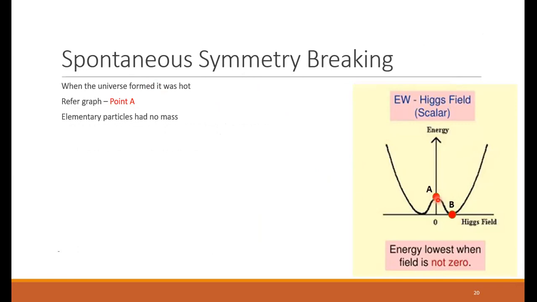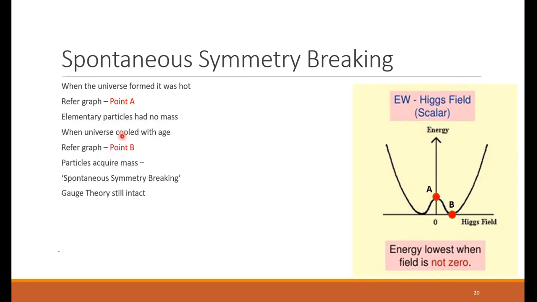When the universe was hot, we were up here at point A. At this point, the Higgs field had a zero intensity. The Higgs field was not active, which means that the elementary particles had no mass. Early on, the elementary particles did not have mass, surprisingly, and symmetry was preserved even in the most obvious sense.